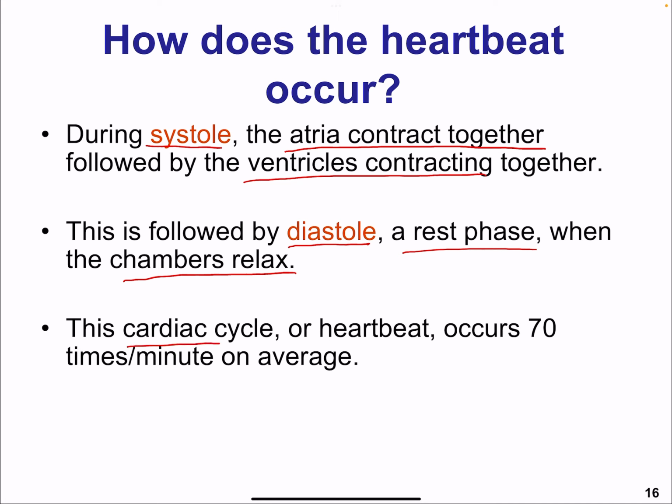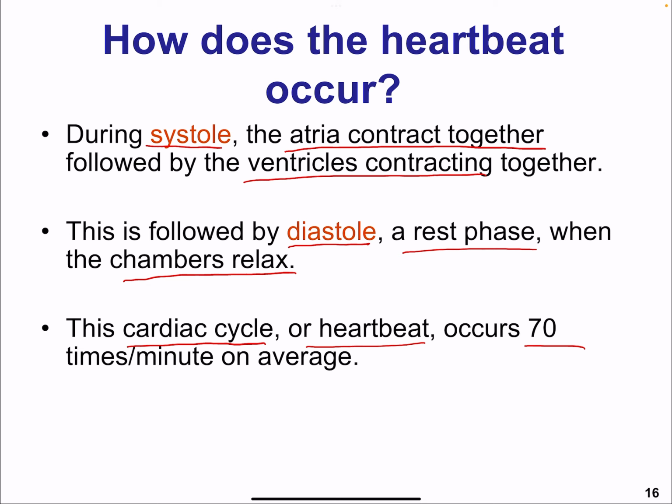So the cardiac cycle or heartbeat can be quantified, right? In a healthy individual, on average, a healthy adult, on average, you have about 70 heartbeats per minute. That's on average. Now, that number can vary from one individual to another, right?